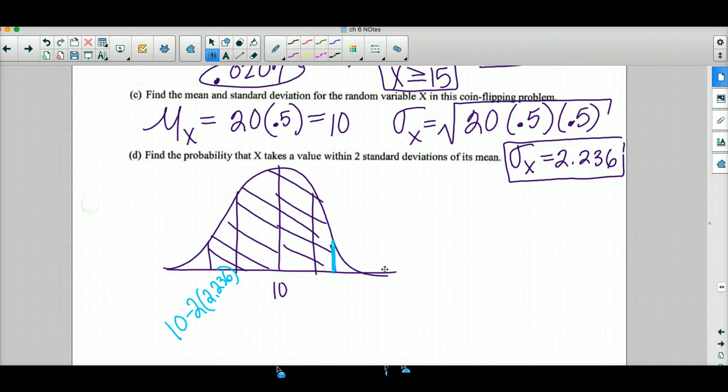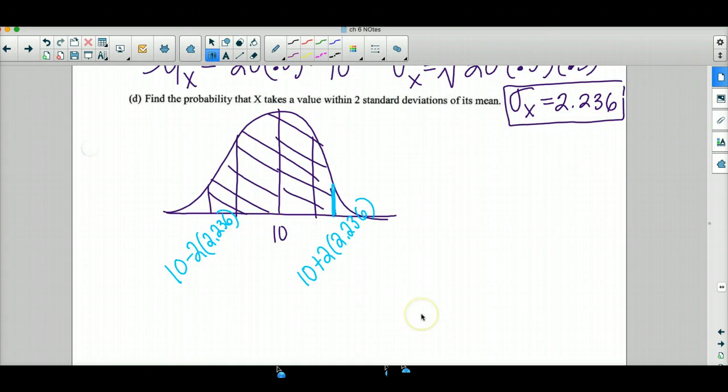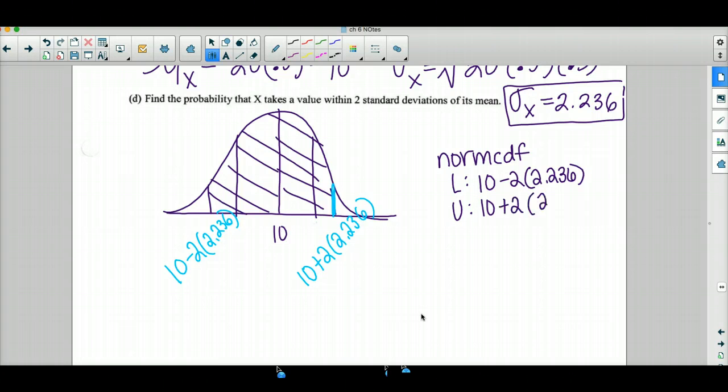And this would be 10 plus 2 standard deviations. So I'm going to do norm CDF. My lower is 10 minus 2 standard deviations. My upper is 10 plus 2 standard deviations. My mu is 10, and my sigma is 2.236.